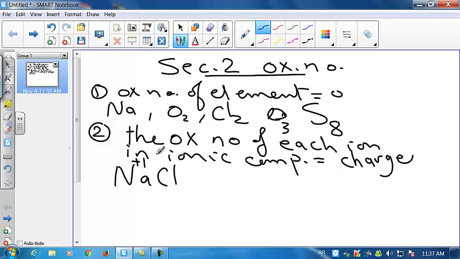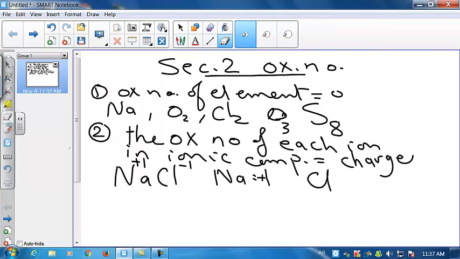Group 13, charge positive 3. Group 15, negative 3, 16, negative 2, 17, negative 1. I will write them for you. So chlorine is 17, so the charge is negative 1. This is the oxidation number. So sodium, the oxidation number is positive 1, and the chlorine is negative 1.